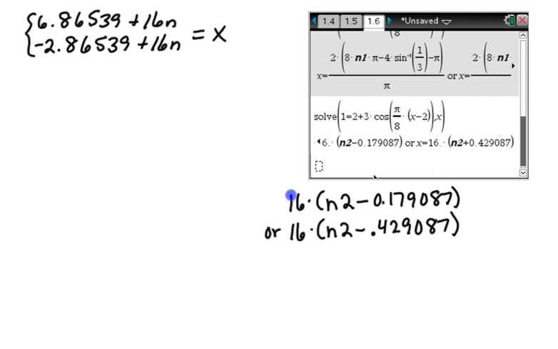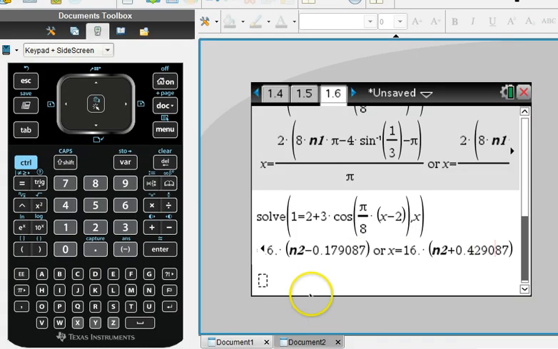So let's take a look at if we were to distribute the 16 here, what would we get? So I'm going to go back up here and say, what is 16 times 0.179087?